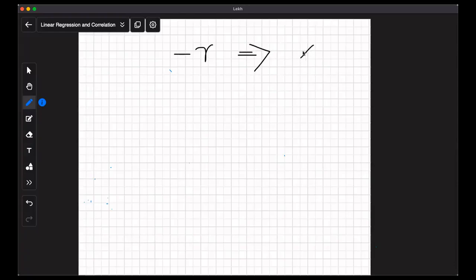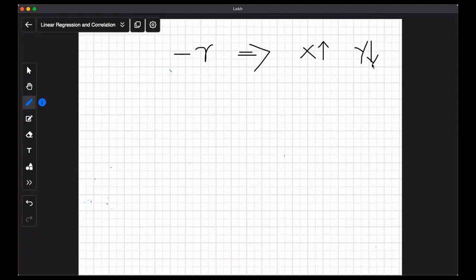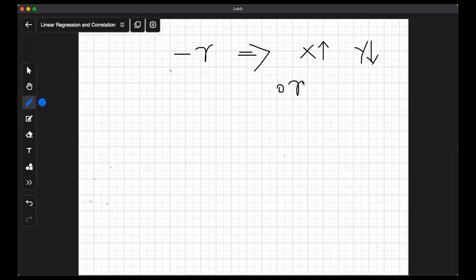So maybe x is increasing and y is decreasing. Or it may be vice versa: x is decreasing and y is increasing. These are two possible ways.